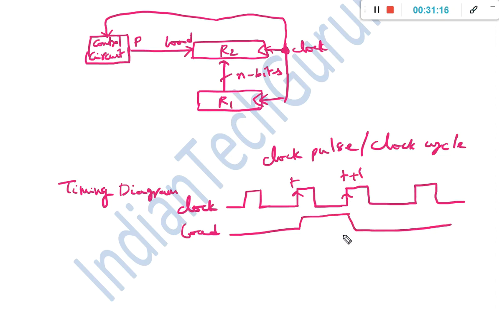So before the time t plus 1 elapses, the content is moved from R1 to R2. This is the timing diagram which represents several clock cycles, and in one particular clock cycle the load operation is performed. Like this we can control the operation.